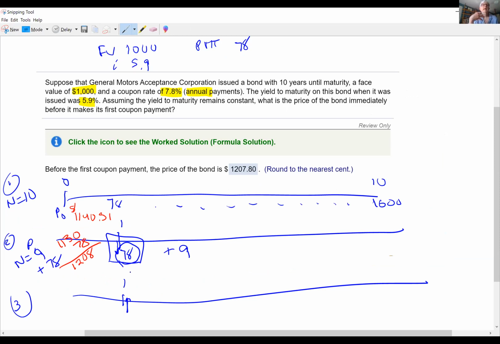So if you're buying the bond and the coupon's already been paid, the guy you're buying the bond from got that coupon. You're not going to get it. The only coupons you're going to get are the remaining 9 coupons. So then for you, the value is just those 9 coupons, and it's just that 1130 number that we got.